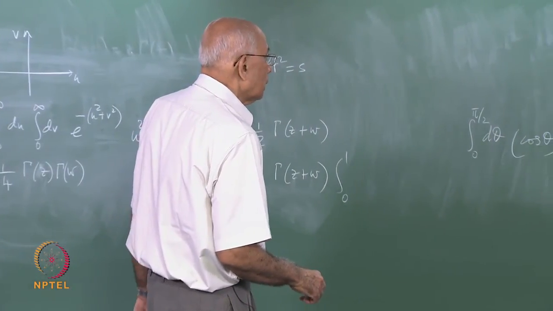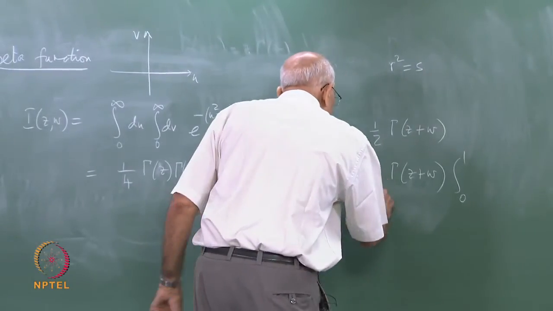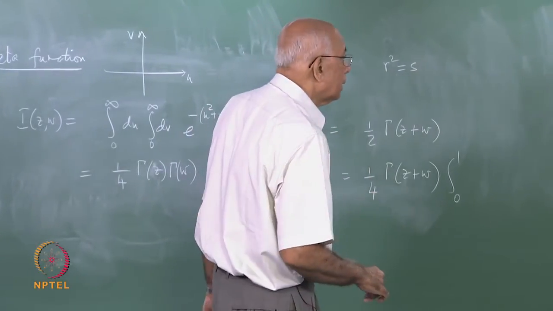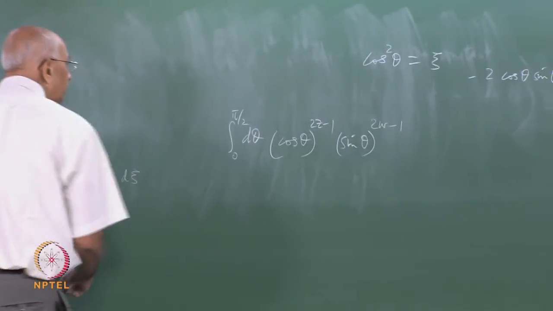There is an extra 2, so that gives me another 1/4 on this side, and then there is a d xi.